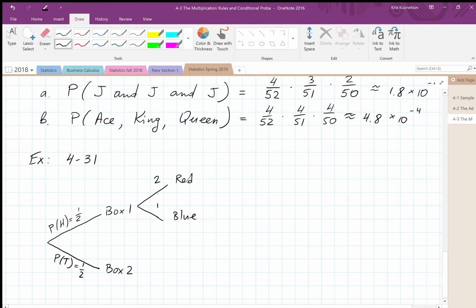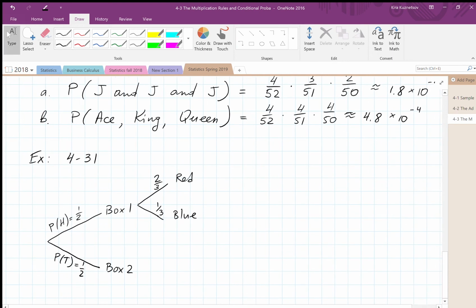Now, because there's only 3 balls in here, the probability of getting red here is 2 out of 3. The probability of getting blue here is 1 out of 3. I'm just concentrating on box 1.